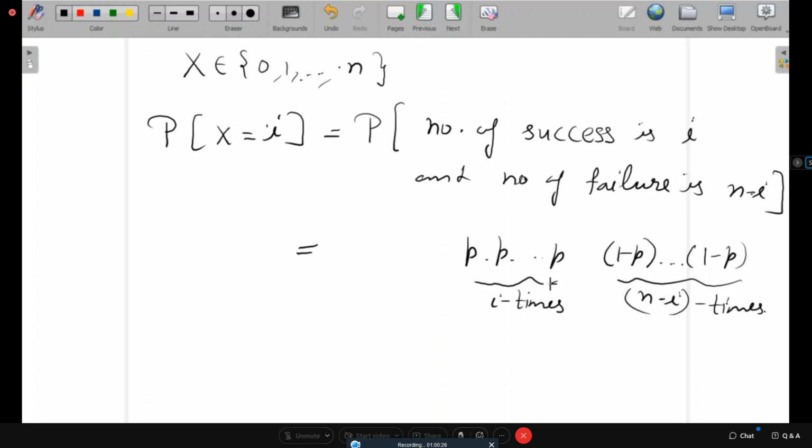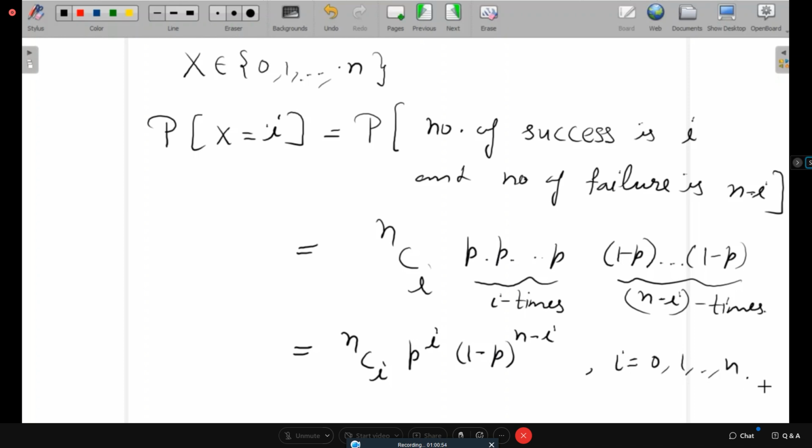So how many such possible cases will there be? n choose i, since out of n trials, i are successes. So this equals n choose i times p to the power i times (1 minus p) to the power n minus i, with i equal to 0, 1, 2, and so on. This will give you the PMF.